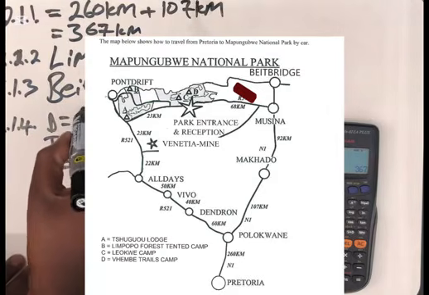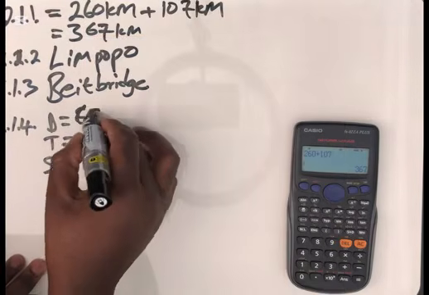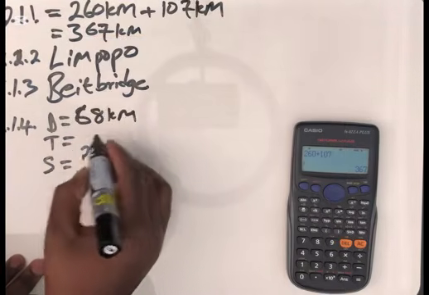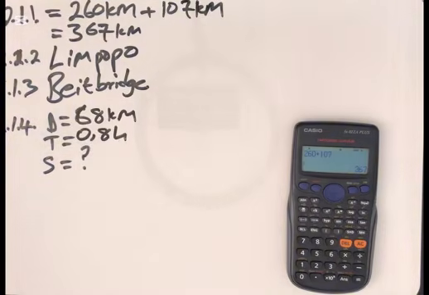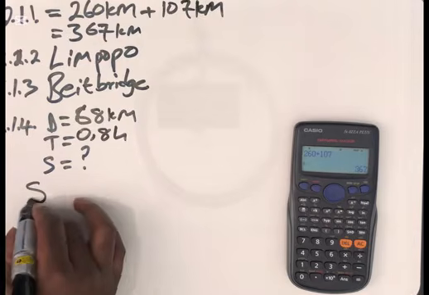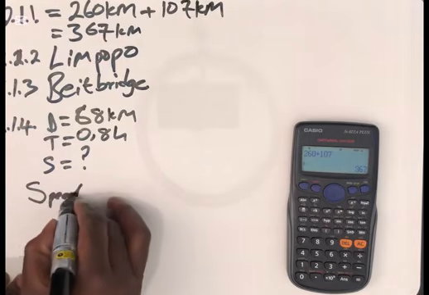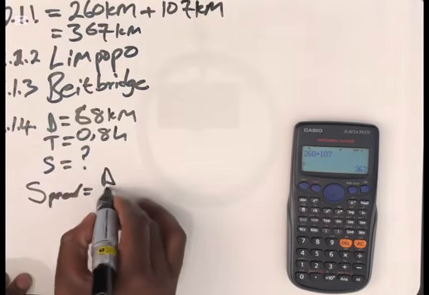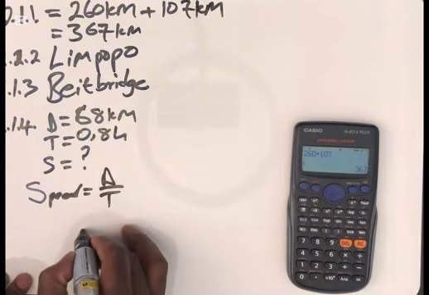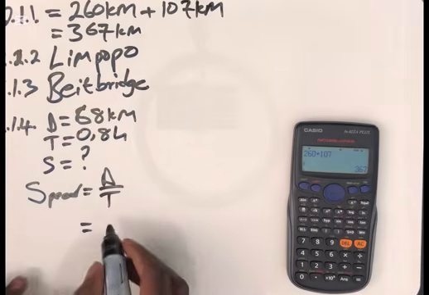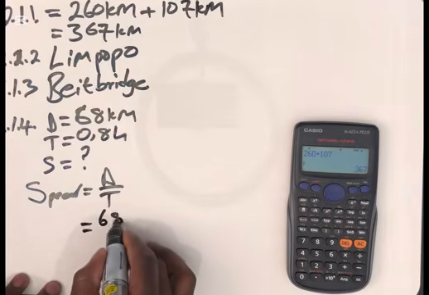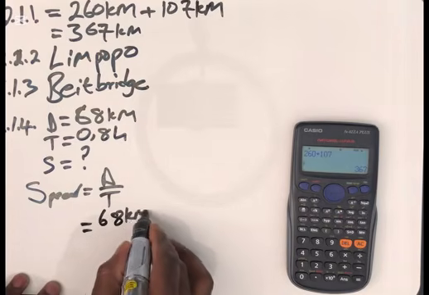The distance is 68 kilometers. The time given is 0.8 hours. The equation: speed is equal to distance over time. You just have to make sure that your distance is in kilometers. In this case, the distance is already in kilometers. We just substitute 68 kilometers.